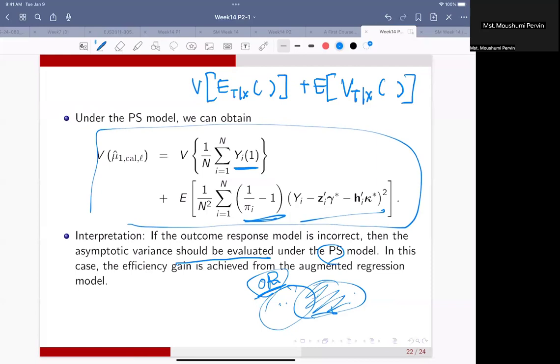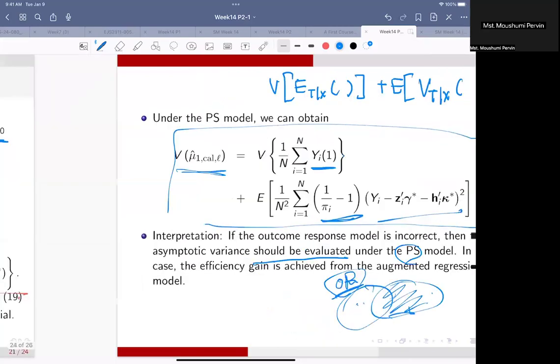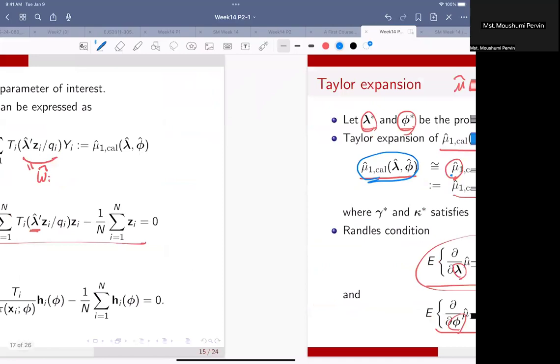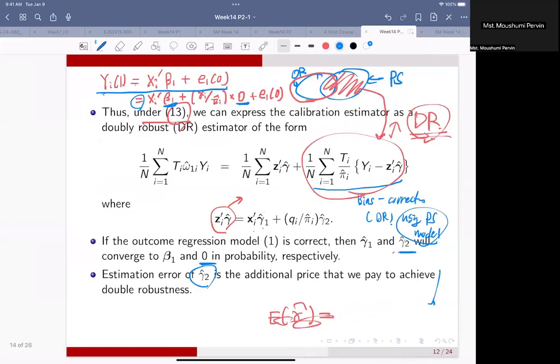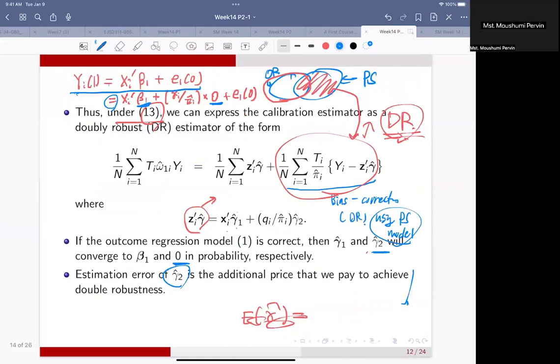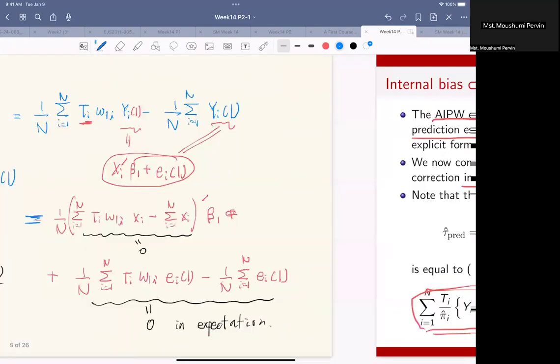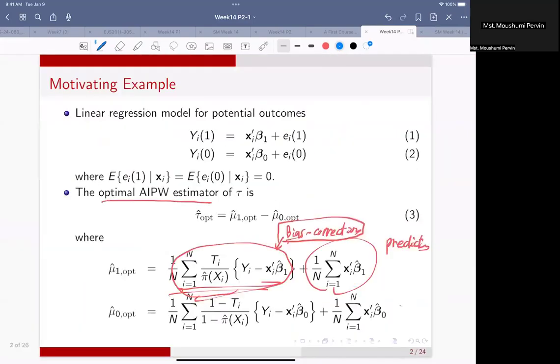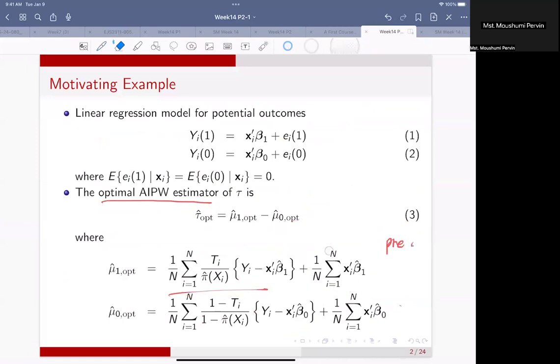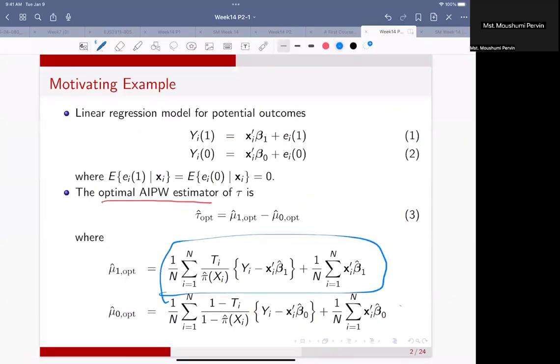So the bottom line is, if you compare this guy all the way to here, maybe I will explain further. Here's one estimator. This is more like a textbook-type doubly robust estimator.